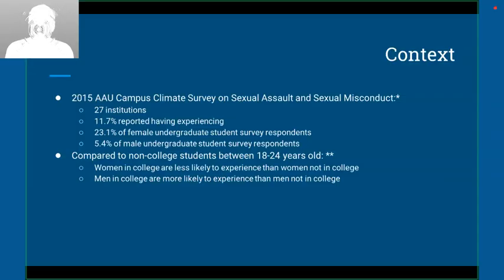And then the numbers from the AAU Campus Climate Survey, the numbers of students who responded and identified as transgender, genderqueer, or non-conforming, questioning, or indicated that their gender identity was not listed on the survey, had rates that were much more similar to those of female student survey respondents.